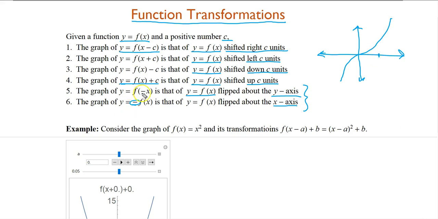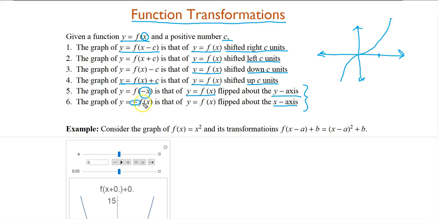If you replace the x in the original function with a negative x, that will make all the numbers on the positive x-axis negative, and it will make all the negative numbers on the x-axis positive. So all the positive become negative, negative become positive on the x-axis, and that's equivalent to flipping the graph about the y-axis, like this.